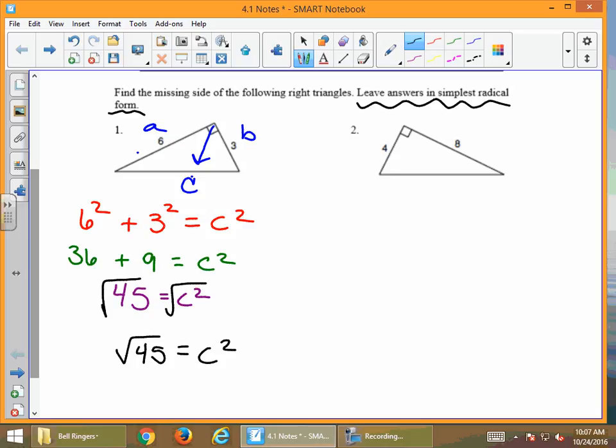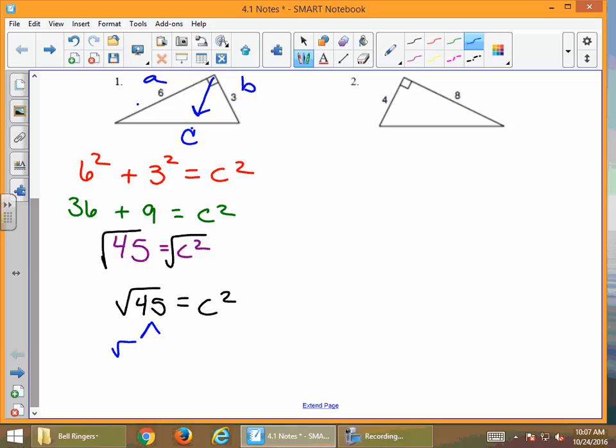Check to see if it's a perfect square. If not, you need to simplify it just like we did at the beginning of class. Make two new square roots and figure out what's the largest perfect square that can go into 45. Try 9. How many times does 9 go into 45? 5 times.